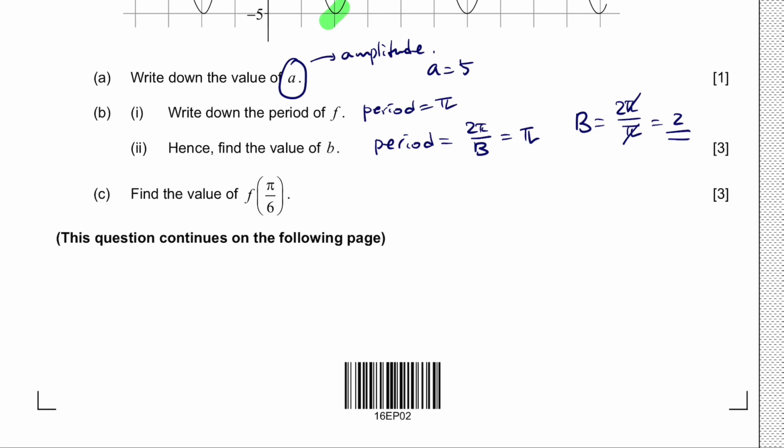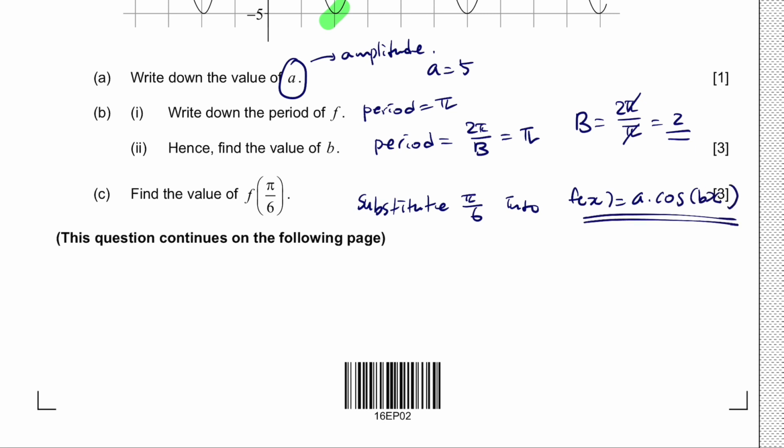Then question C, we need to find the value of f of pi over 6. Then we need to substitute pi over 6 into the function f of x equals a times cosine bx. We already know the a and b values, so let's substitute a equals 5, b equals 2 into our equation.